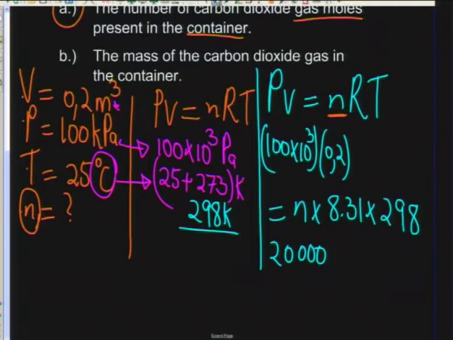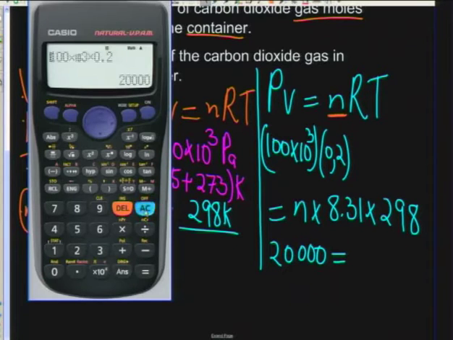equal to, what is 8.31 times 298? Let's just work it out as well. 8.31 times 298. What will that be?